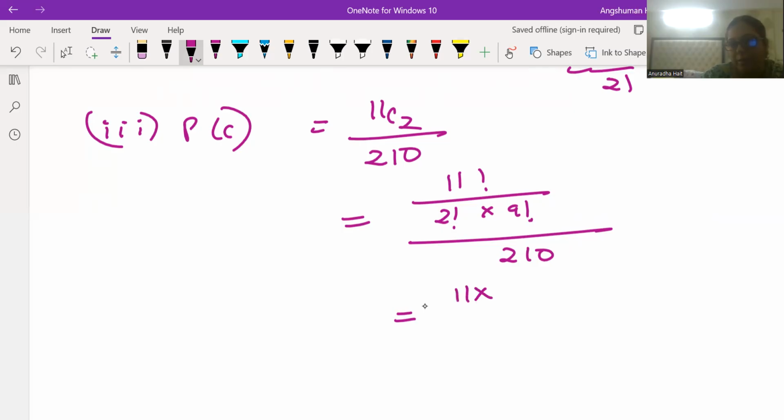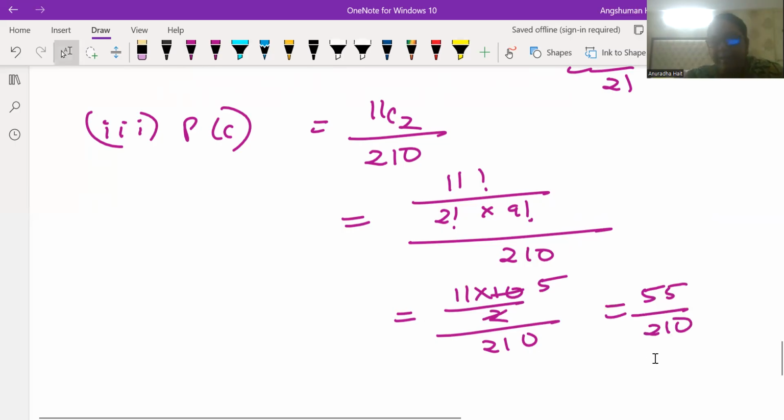Let me write here 11 into 10 by 2 divided by 210. So 10 and 2 cancel, you get 5, 5 into 11 is 55, divided by 210. You can simplify more by cancelling 5. You can keep the answer in fraction or in decimal.